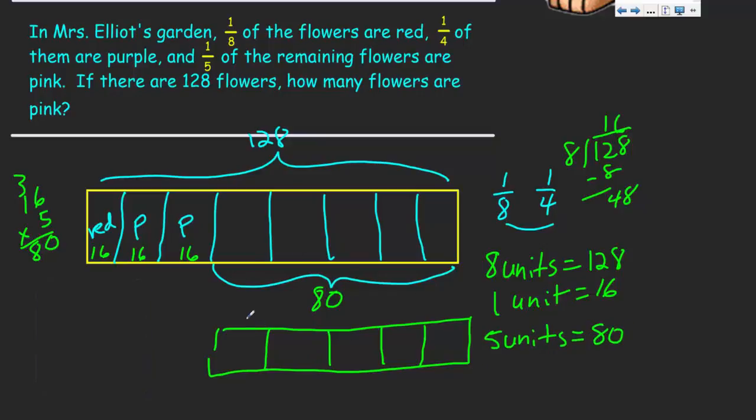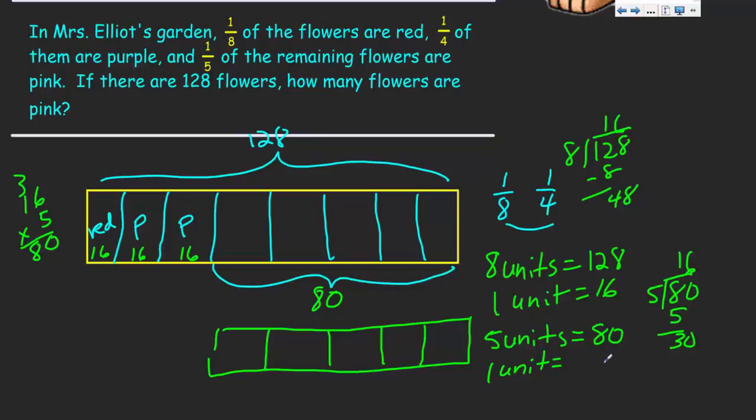Just by doing this other tape diagram, I had these in eighths, but now I'm taking these pieces and saying that that quantity here is 5. Then 1 unit is equal to 80 divided by 5. And 80 divided by 5, we determined before, was 16. Yes, it was.